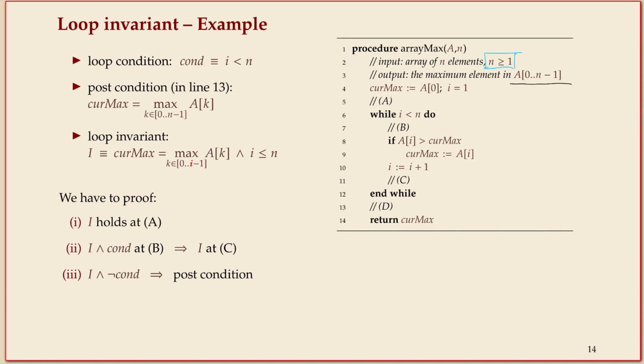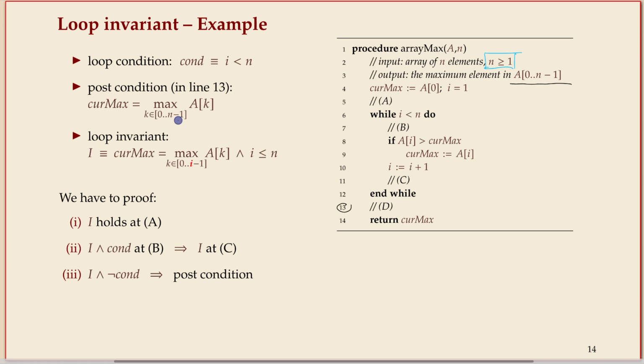Clearly, the postcondition should be that the output, what I return here, current max at the end, should be the maximum element in this array. That's the postcondition we want, and that's spelled out here in formulas. So at this point, at line 13, or after line 13, I want the current maximum variable, current max, to be the largest element in the array.